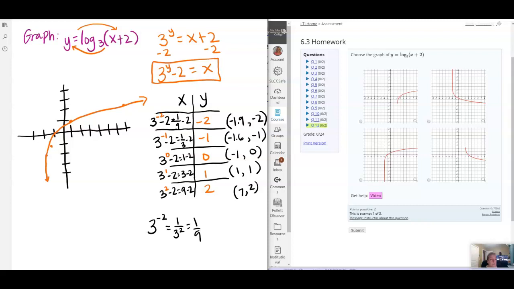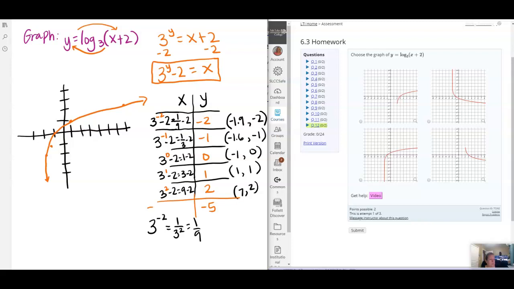So what if you tried to put some values in, like, let's see, how do I want to say this? What if we put like a -5 in place for y, okay? Let's try and do -5.